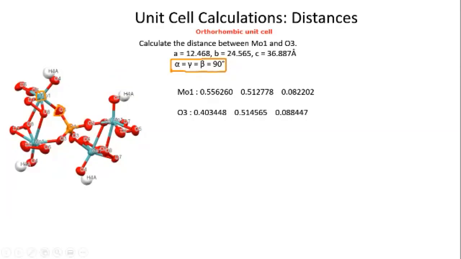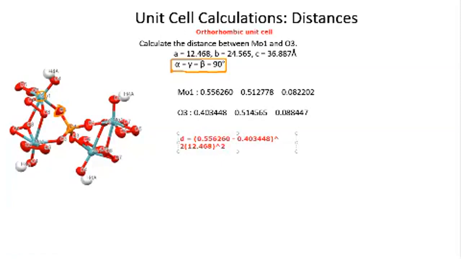So here we've got to work this out. So distance equals, and again, we only need the difference in the x. So 0.556260 minus, that's going to be squared, times the a-axis squared. You can work along with me because sometimes even I make mistakes, so it's good to double check.